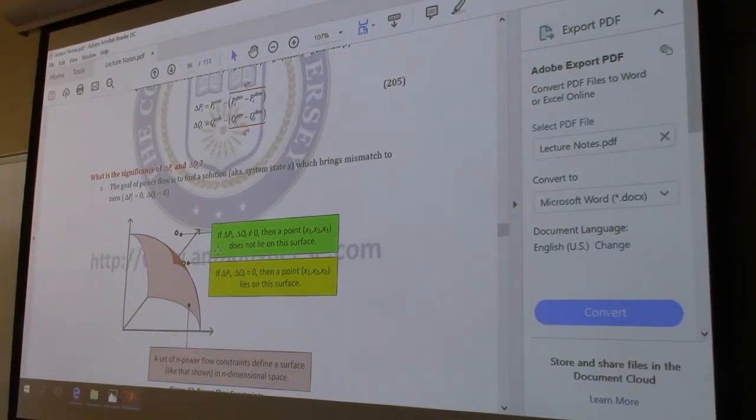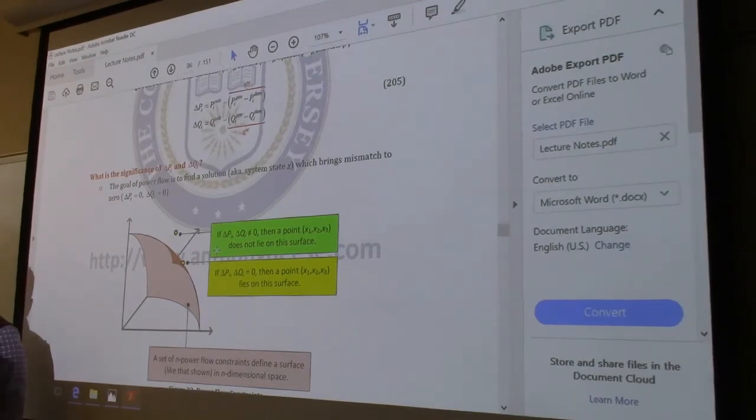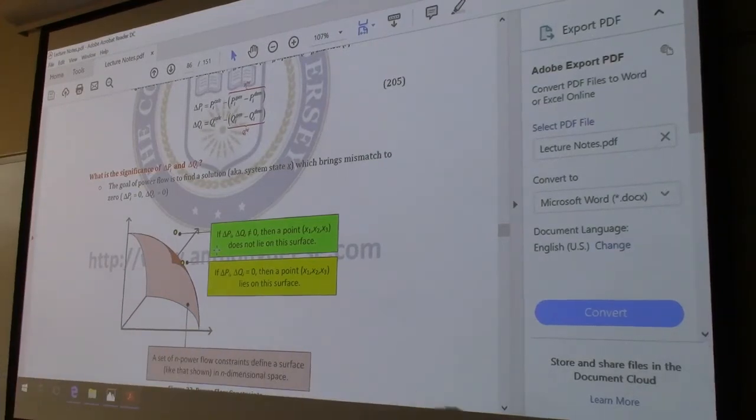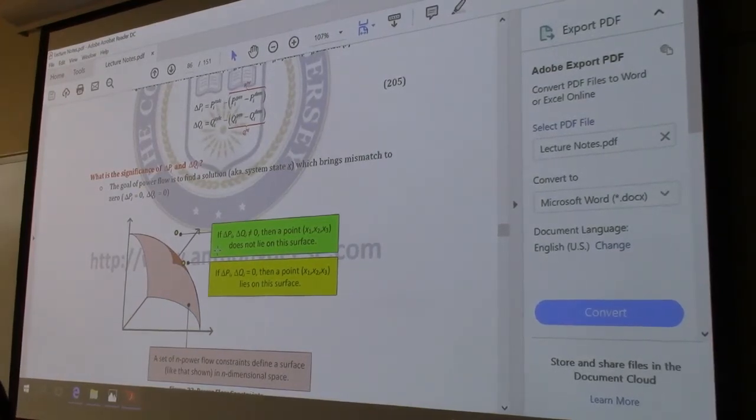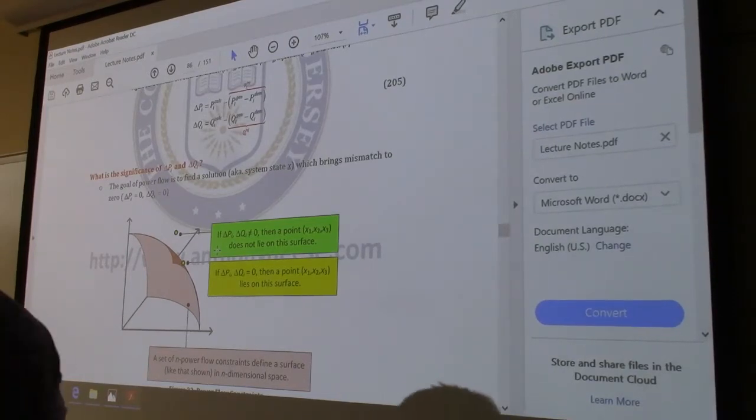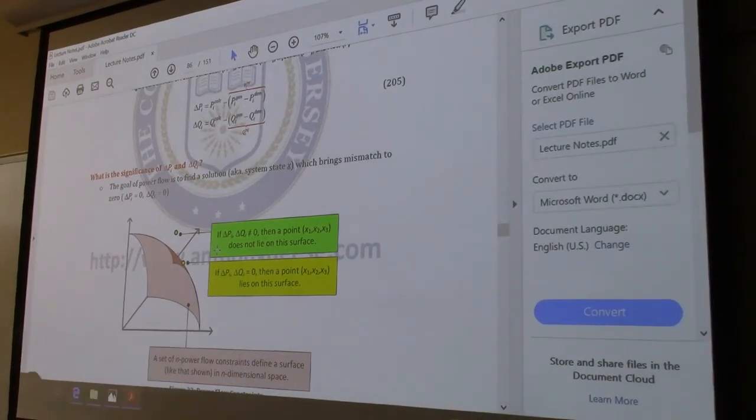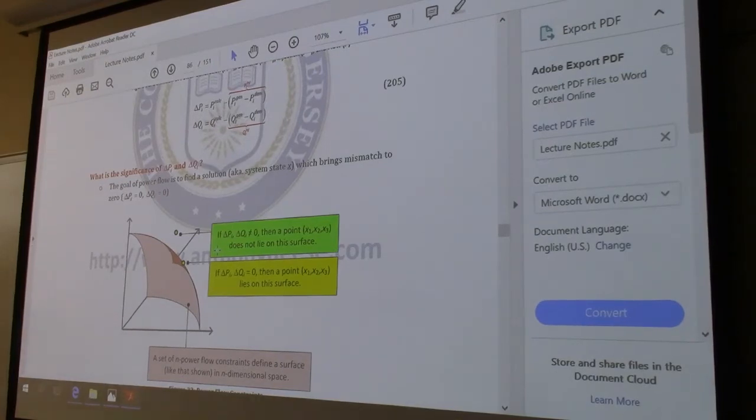What they do is represent the distance between where you are and the closest point that lies on the surface. So this is the surface right here, we're up here. The distance between the two would be determined by delta P and delta Q.